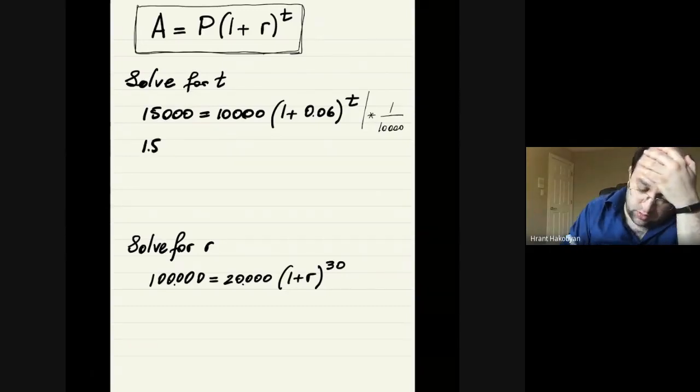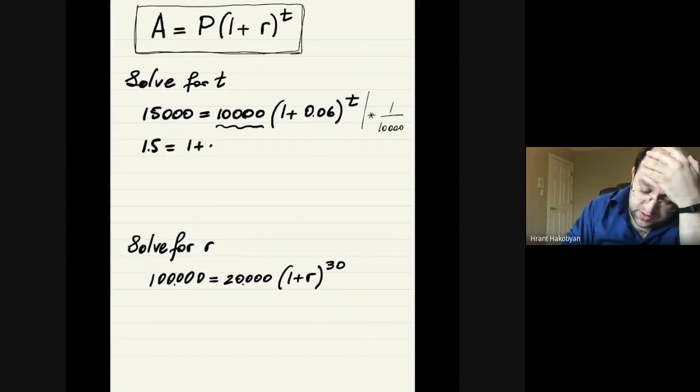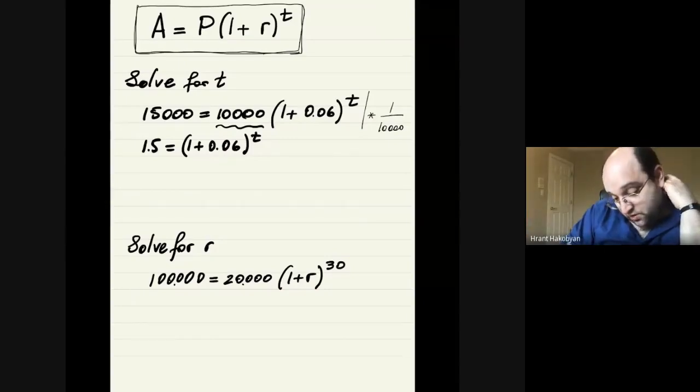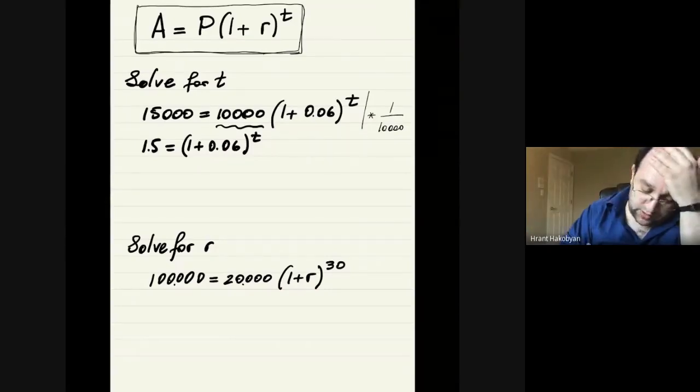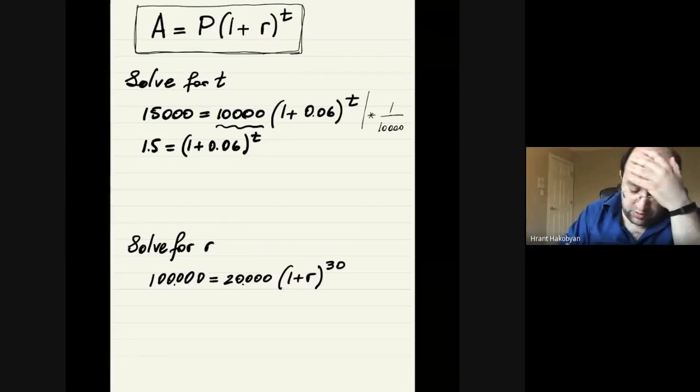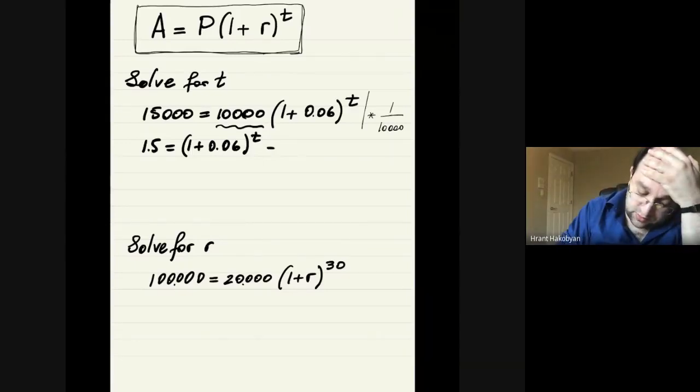So that's equal to, here you don't get anything anymore, so it's 1, and then you get 1 plus 0.06 to the power t, which is 1.06 to the power t.